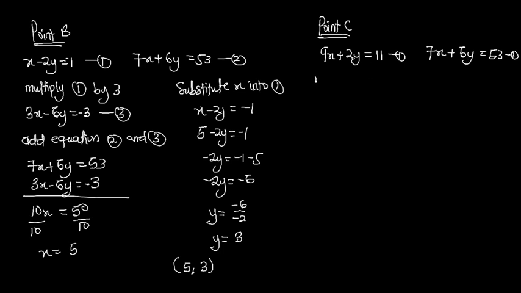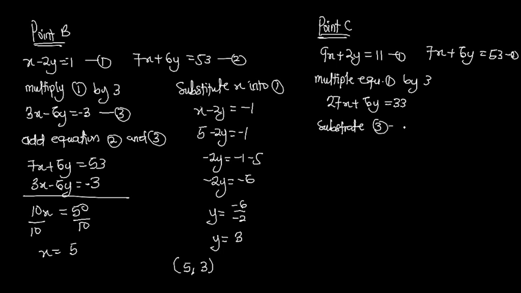I'll say multiply equation 1 by 3. If I do that, I am going to get 27x plus 6y is equal to 33. From here, I can now say subtract equation 2 from equation 3. So I'm going to have 27x, this is my equation 3.